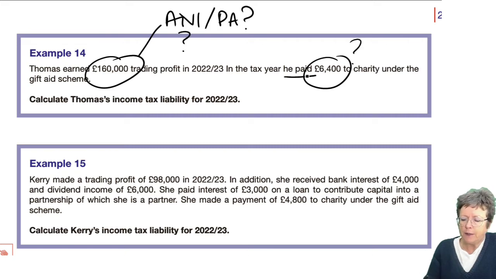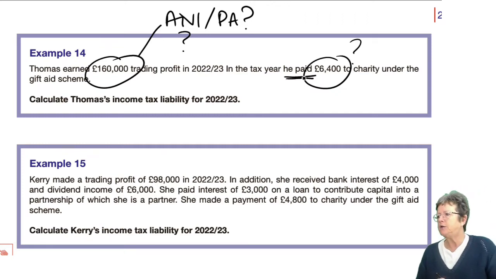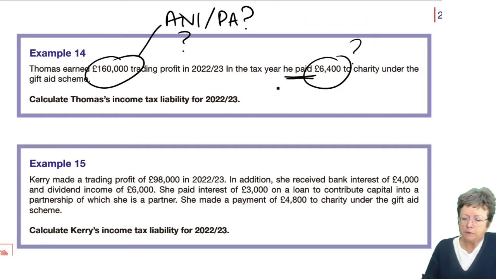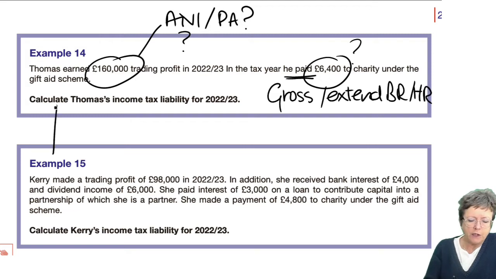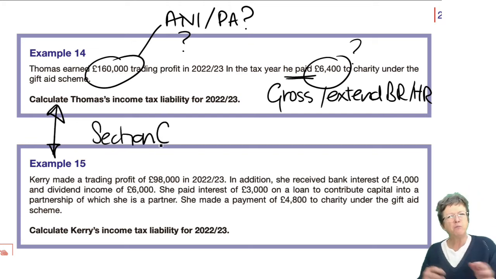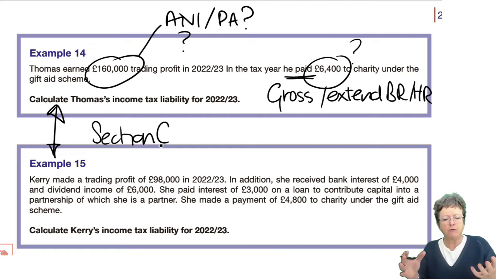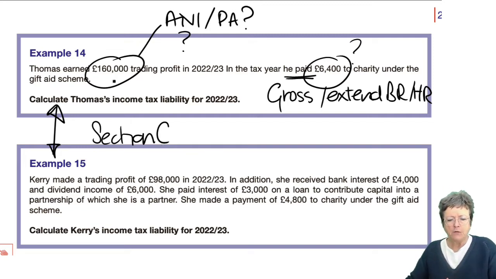This is what he paid, so we'd need to gross that up and extend the basic and high rate tax bands. Now these two questions are much more likely to be section C questions because there's more depth, it's not just one thing that you're dealing with, several things. So let's have a look at example number 14.